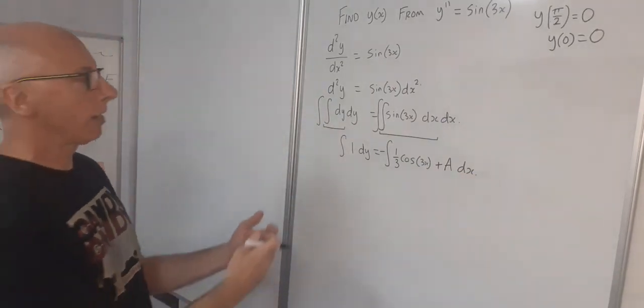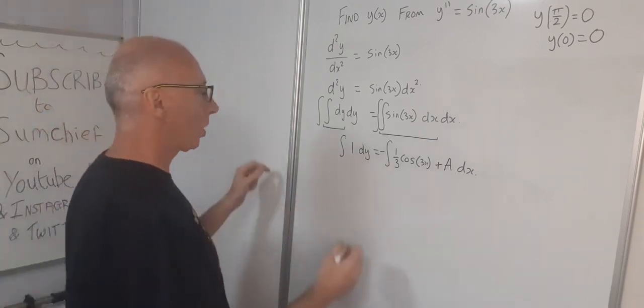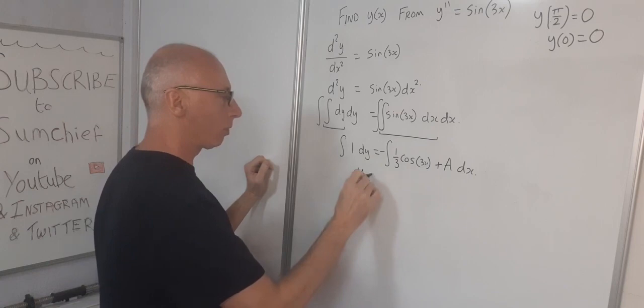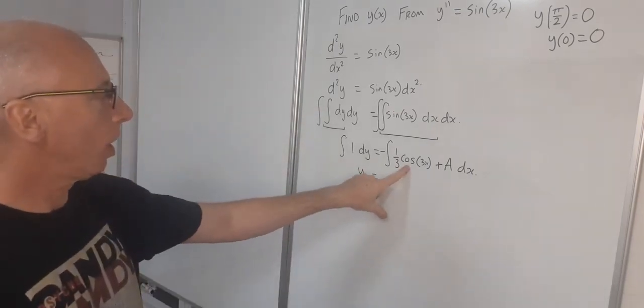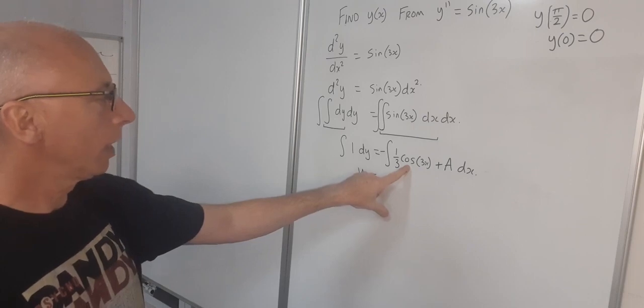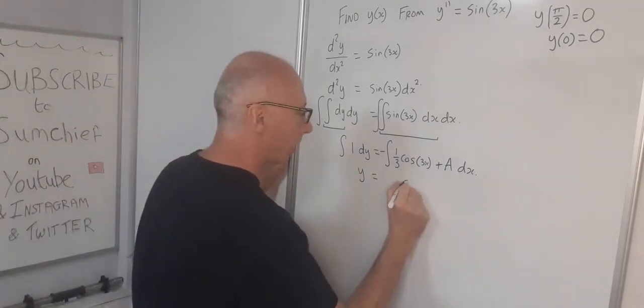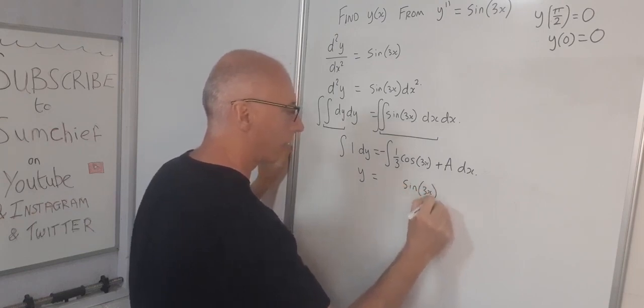Okay, so now let's integrate again, and we've got this last box here to finish off. The integral of 1 with regards to y just leaves us with y. The integral of cosine 3x: cosine is going to give us sine, that's sine 3x.